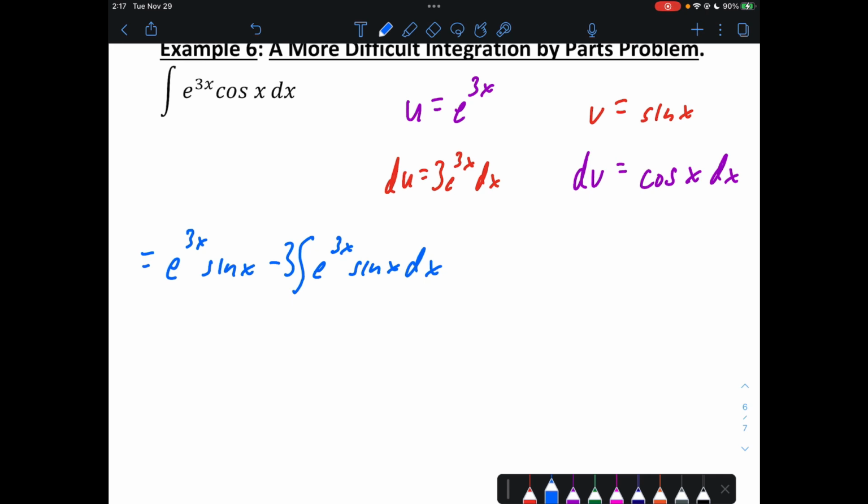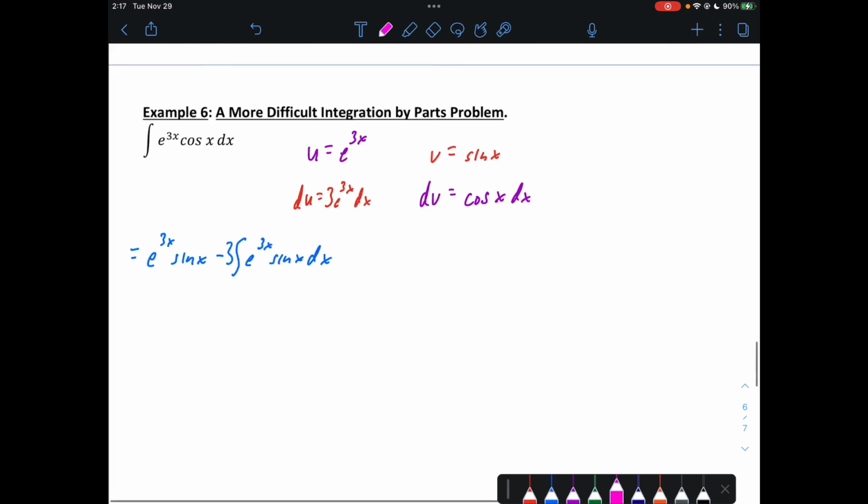And as you can see here, that didn't really help. We're pretty much at the same place we started, except we exchanged a cosine for a sine. Let's try it again and see if a second parts will help.